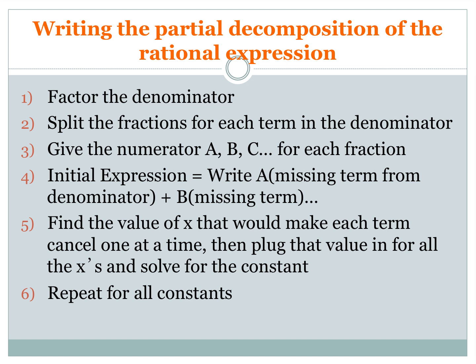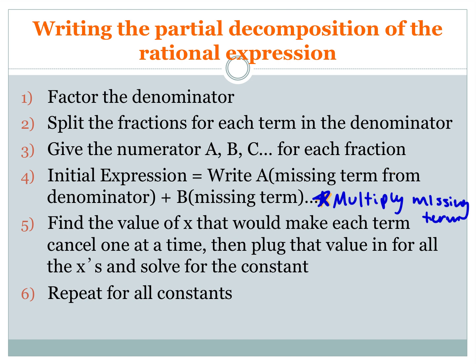Then you want to set the initial expression equal to A times the missing term. So we want to multiply by the missing term. So we set the initial expression equal to A times the missing term, plus B times the missing term, plus C times the missing term, and so on.